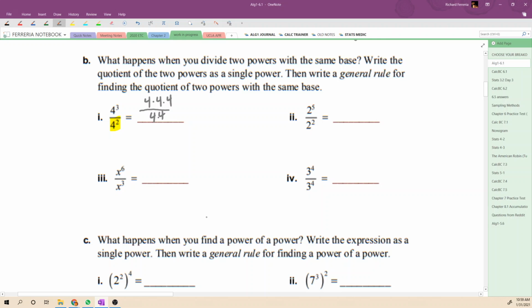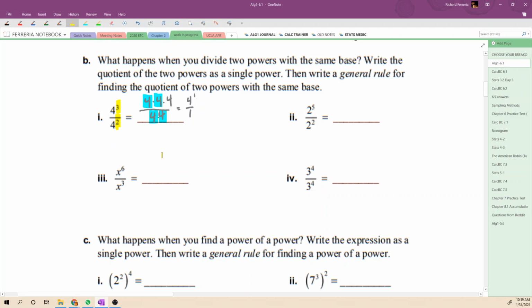The denominator is 4 squared, so we've got 2 4's in the denominator. And then we notice that 2 of the 4's in the numerator can cancel out with 2 of the 4's in the denominator. So this is just equal to 4 over 1. And I'm going to make a special note here to say that this is actually 4 to the 1st power.